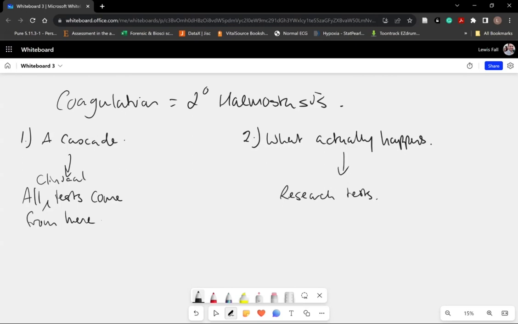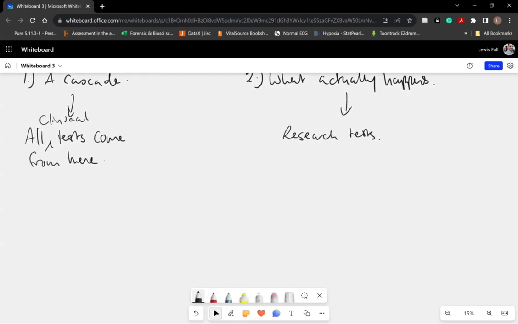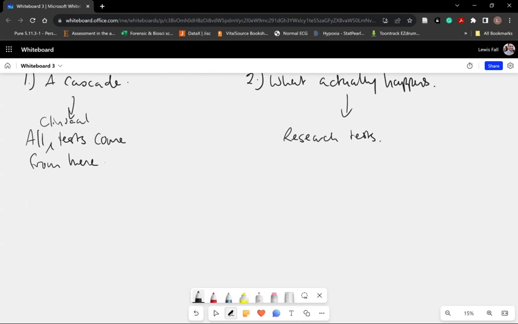Both of these things, the cascade or what actually happens, are interested in activating thrombin. And then thrombin turns fibrinogen into fibrin.